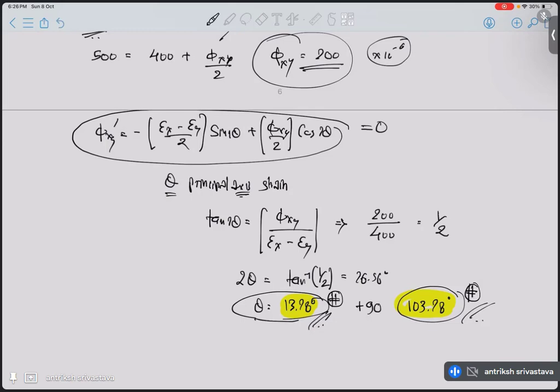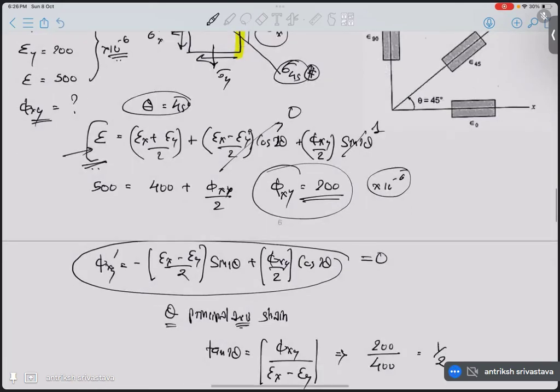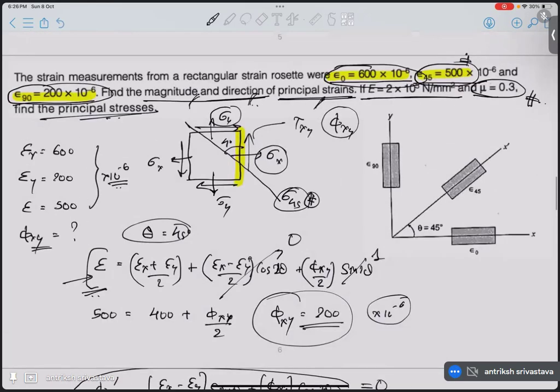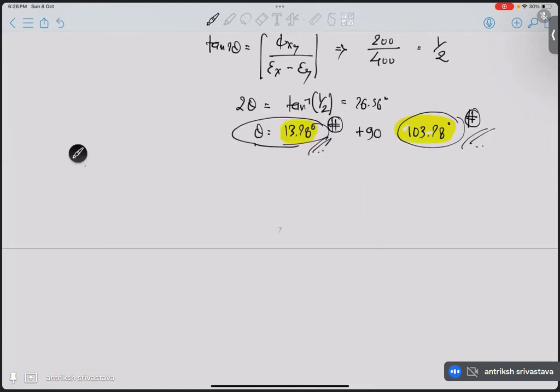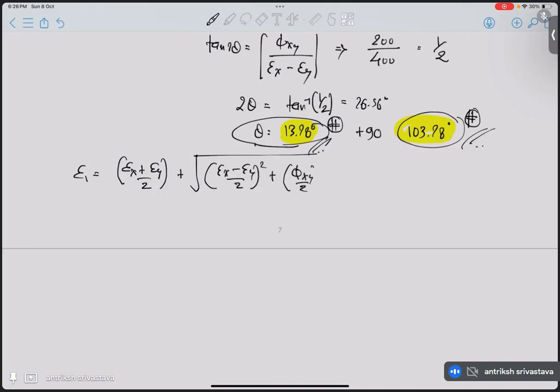Okay, so we know this now. We know the location of principal strain. Now let's find out the magnitude. So the magnitude is epsilon 1 will be epsilon x plus epsilon y by 2 plus root under epsilon x minus epsilon y by 2 square plus phi xy by 2 square. So if we calculate this, we'll get the value. So basically, let's write plus minus here, and then finally we'll write the epsilon 1 and epsilon 2.